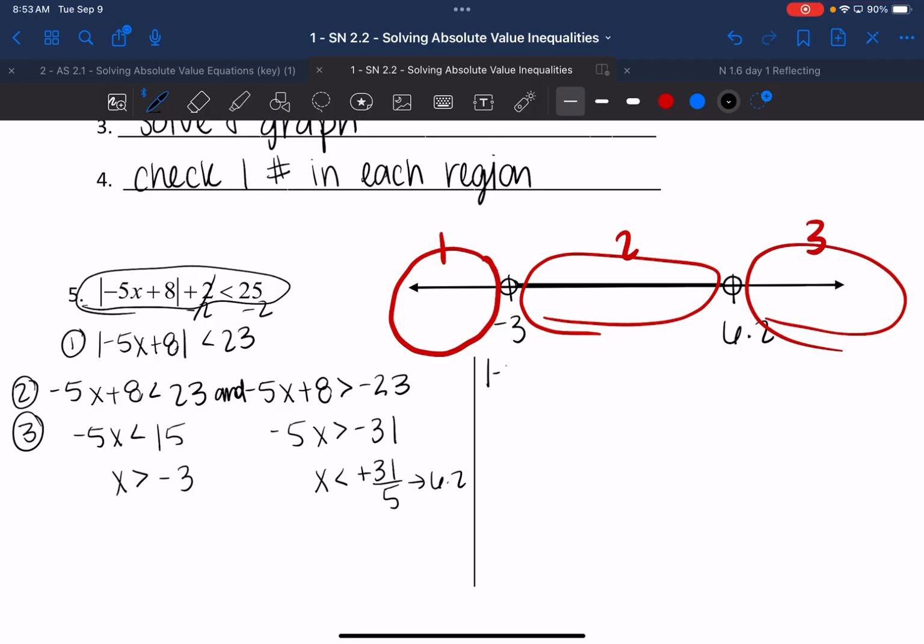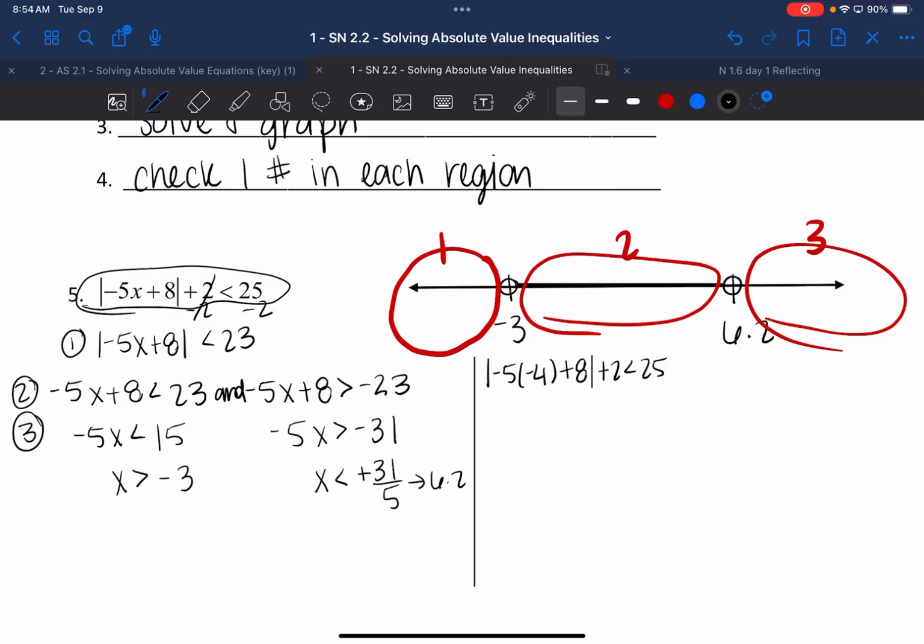So I'll have the absolute value of negative 5 times negative 4 plus 8, close that absolute value, plus 2 is less than 25. All right, so remember we treat those absolute values kind of like parentheses. So inside of there, we got negative 5 times negative 4, which is 20, plus 8, which is 28.